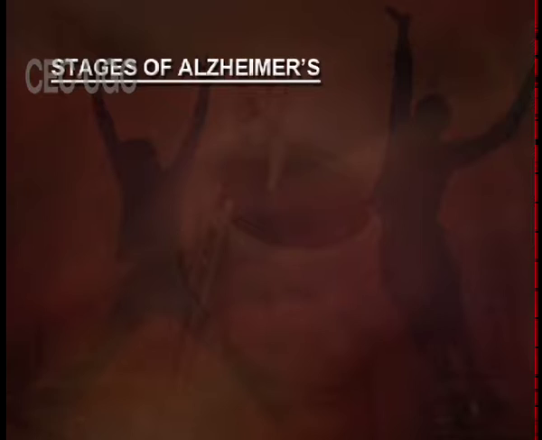What are the various characteristics of Alzheimer's disease, more popularly known as dementia? The entire course of the disease can be divided into four basic categories. The first one is the pre-dementia stage, where the initial symptoms surface.